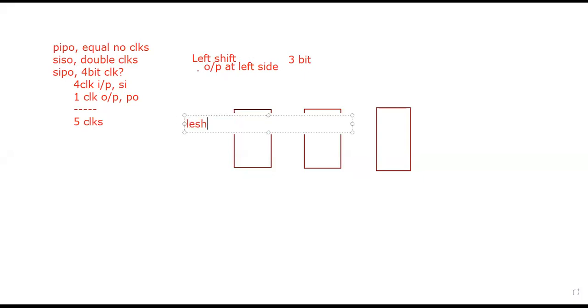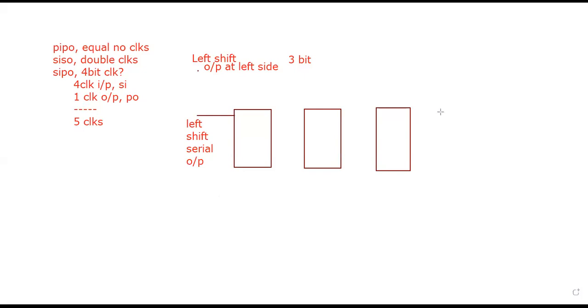Have to write left shift serial output. Okay, first you need to write this, because it is very important. If you write this, then only will you be able to draw the remaining important things.